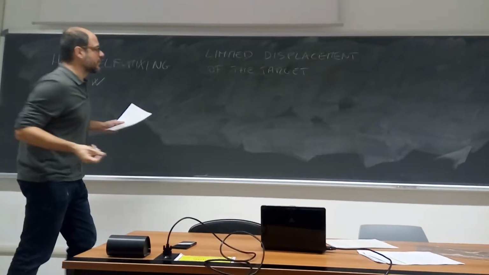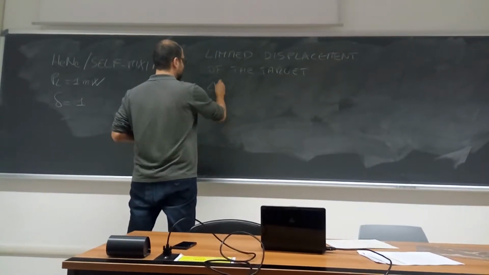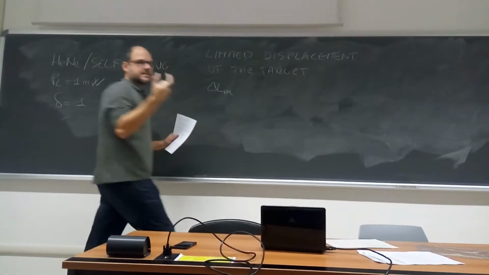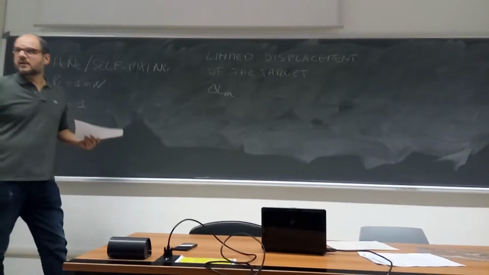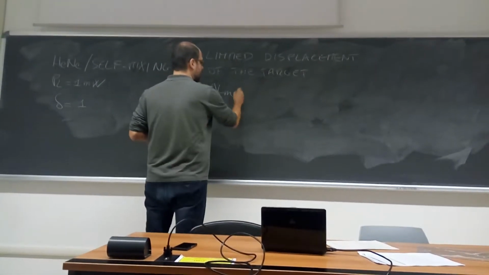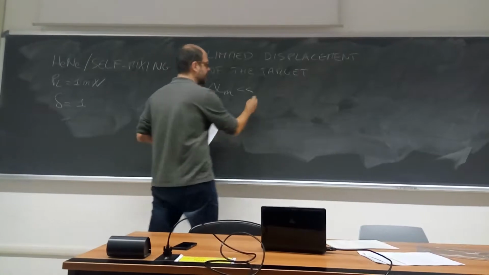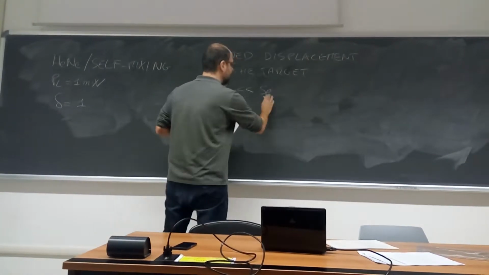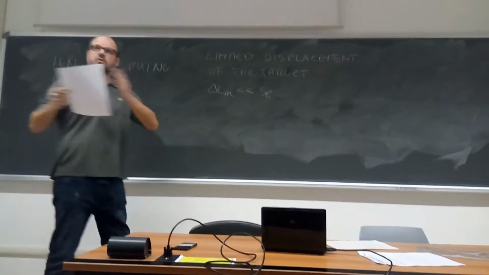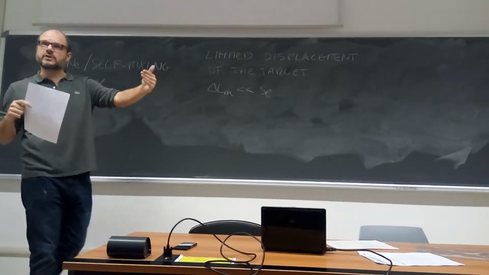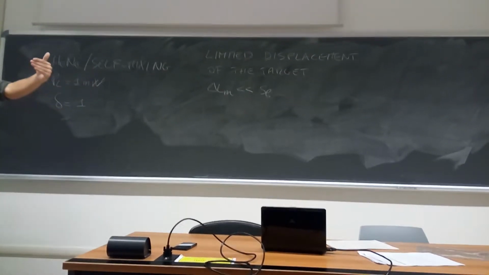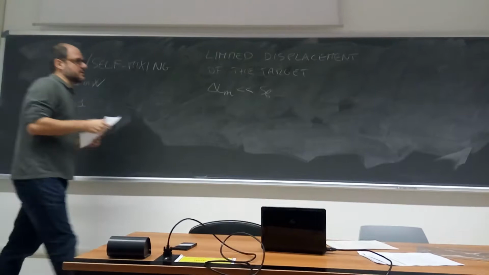In principle, if you call DLM the maximum displacement of the object, you know that this should be much lower than the longitudinal dimension of the speckle that is superposed to the output mirror of the Heaney laser. This is the condition.